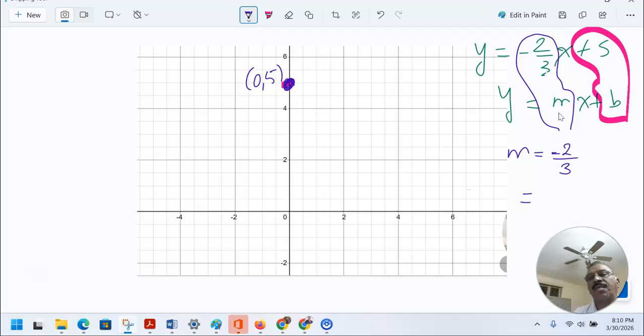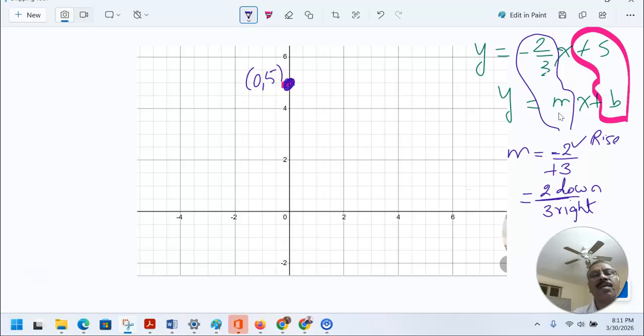What does this basically mean? The bottom is positive, so you go 3 run. That means you go 3 to the right. And this is rise. Rise here basically means going down, so it's like 2 down. So simple.